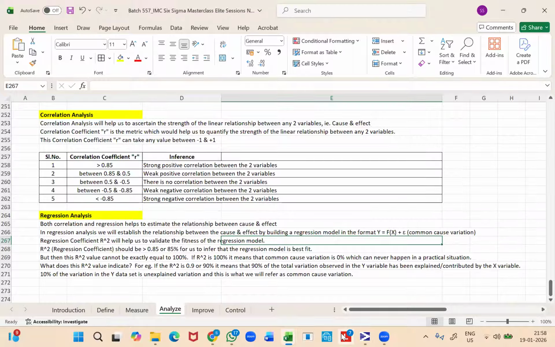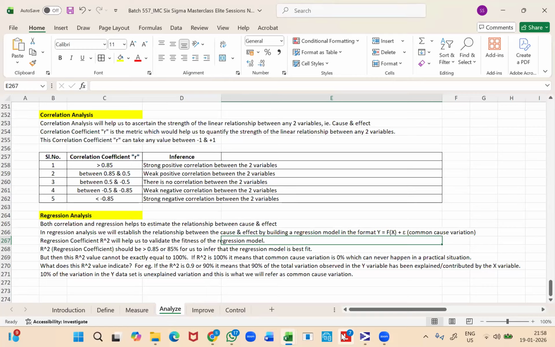But we need to understand that for a practical scenario, the regression coefficient cannot be exactly equal to 100%. Why? If the regression coefficient is exactly equal to 100%, then the common cause variation will be 0%, which cannot happen in a practical scenario. We all know that, right?